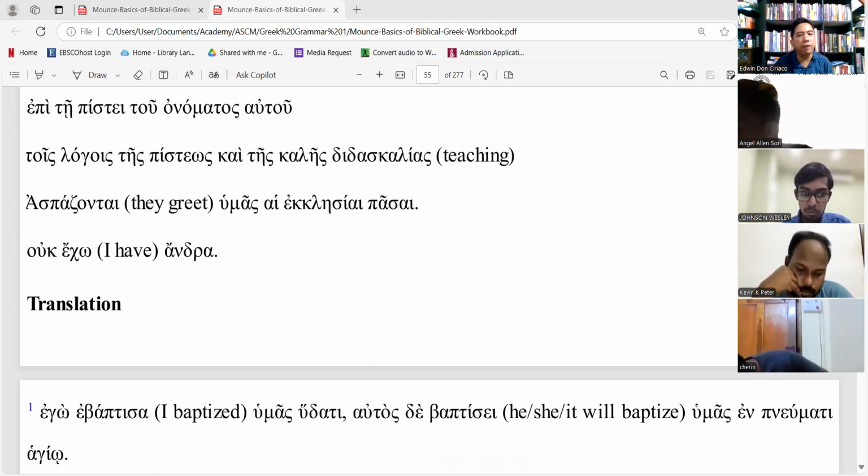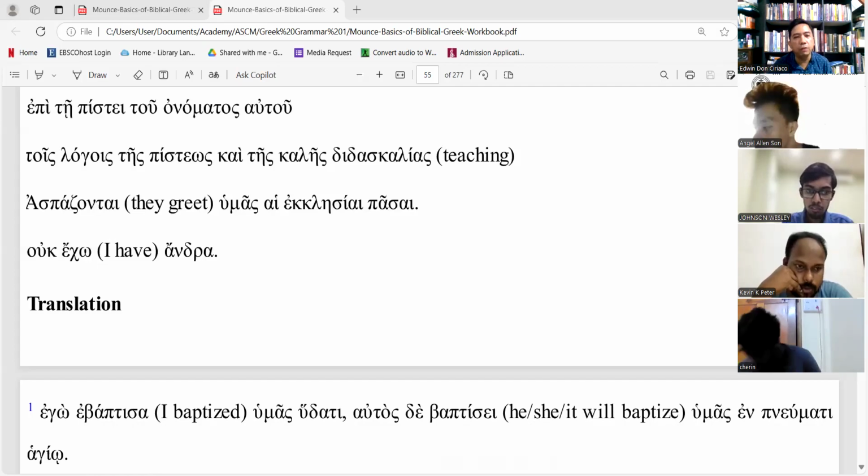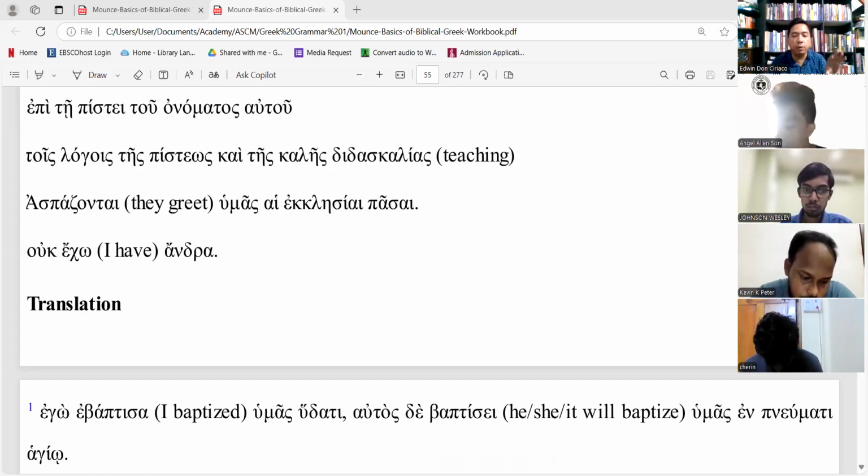Yeah, in the words of faith, but we could also use in faithful words. Okay, so now we use in, but you're still correct, no? I'm just trying to show you that there are alternative ways of translating. So in the words of faith, so it becomes in faithful words, and the good teaching. Okay.